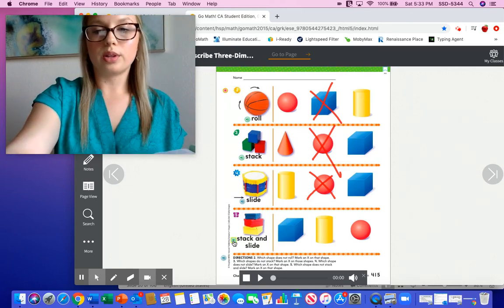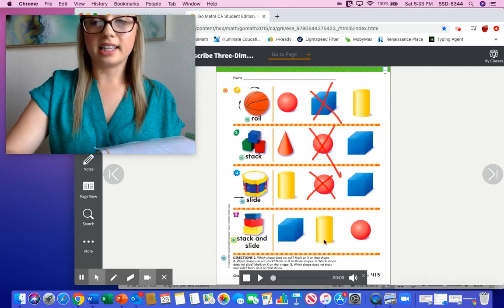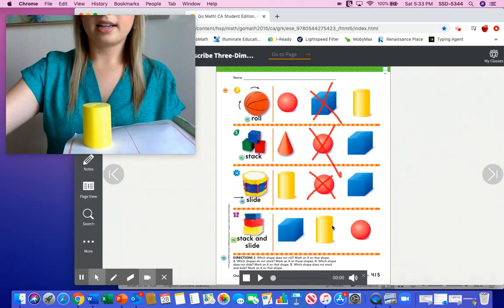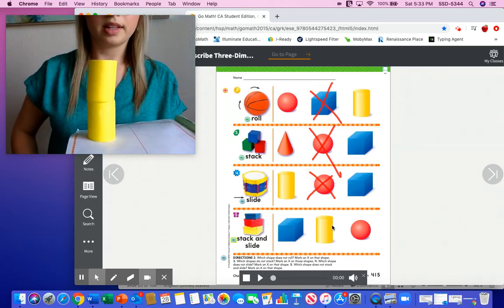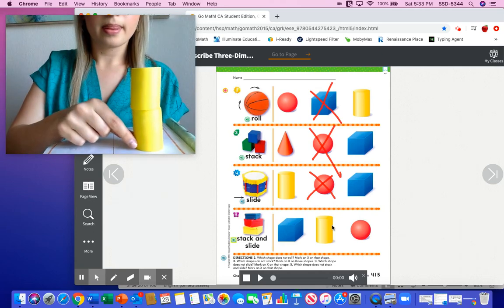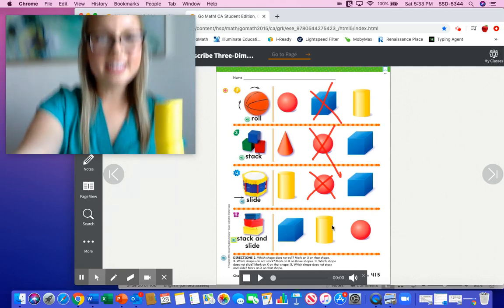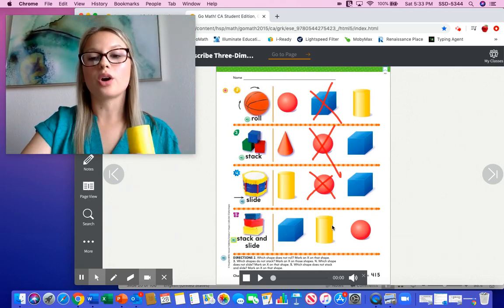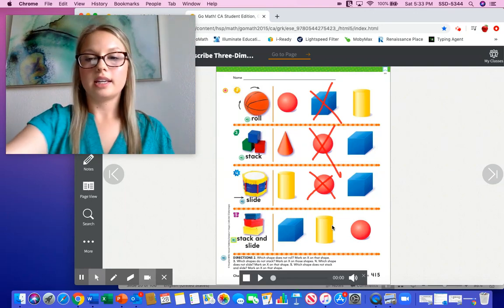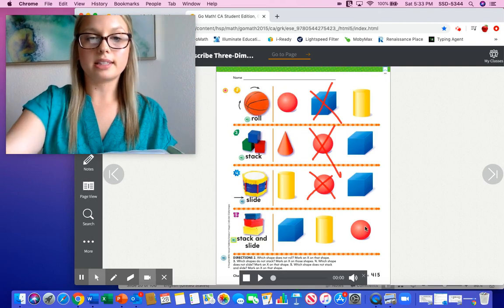The next one we're looking at is a cylinder, this yellow shape. Let's see if it can stack. Let's see if it can slide. Can it stack and slide? Yes, so we are going to leave it alone. Last one we're looking at is this ball that we call a sphere.